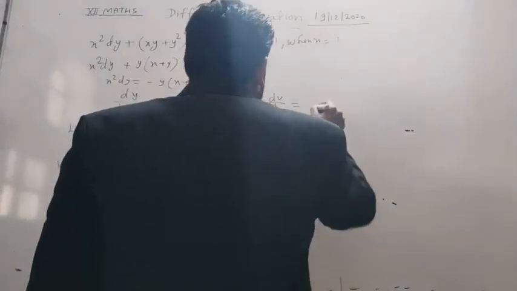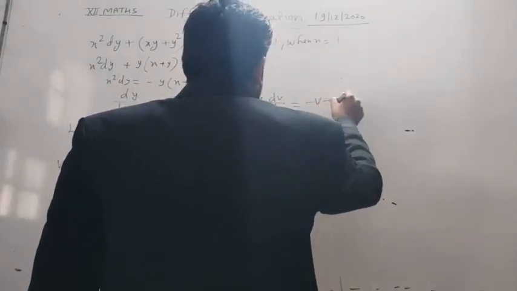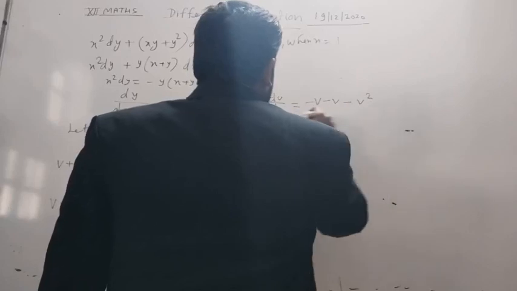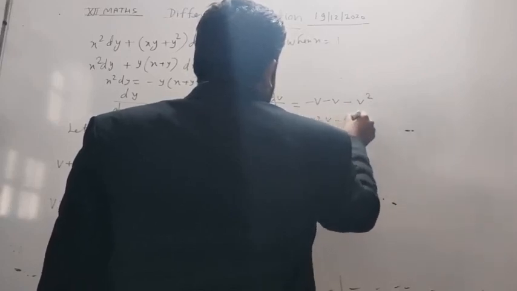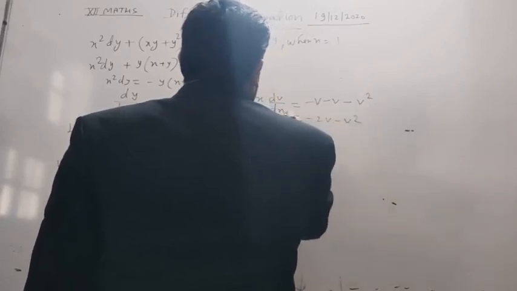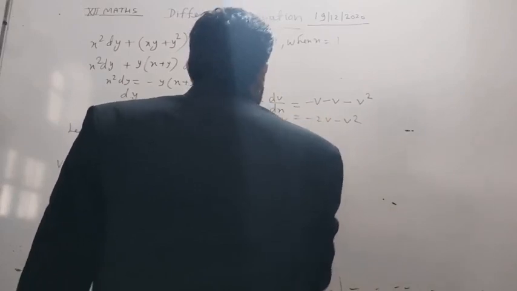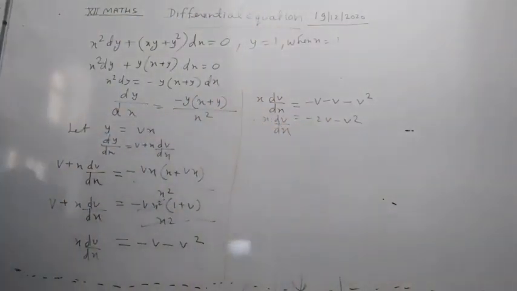We write this, so this is minus 2v minus v square x dv by dx. Okay student, from here we will take now the v and v square with dv and x and dx with dx.